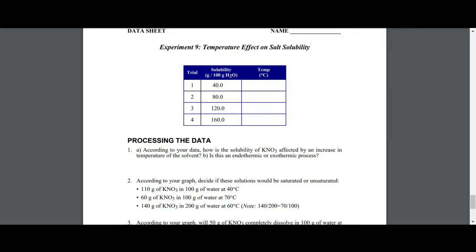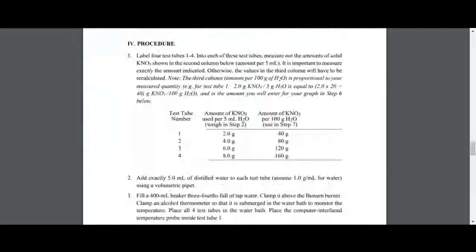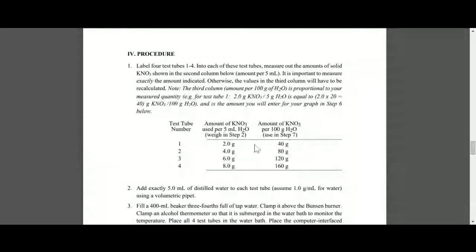No, because we are not using 40 grams. Then how do we know it's 40 grams in 100 grams? Because the procedure is telling us to put 2 grams in 5 milliliters. So that is going to be 40 grams in 100 milliliters. When you put 4 grams in 5 milliliters of water, that means it is 80 grams in 100 milliliters.